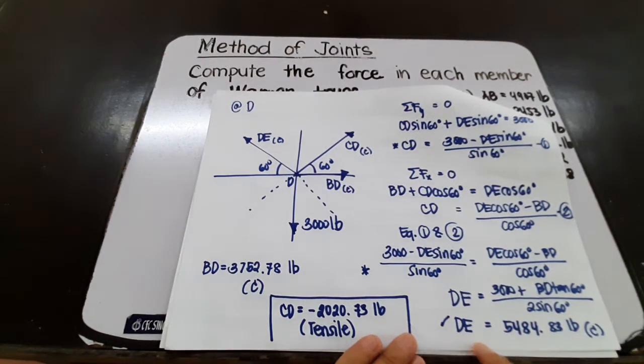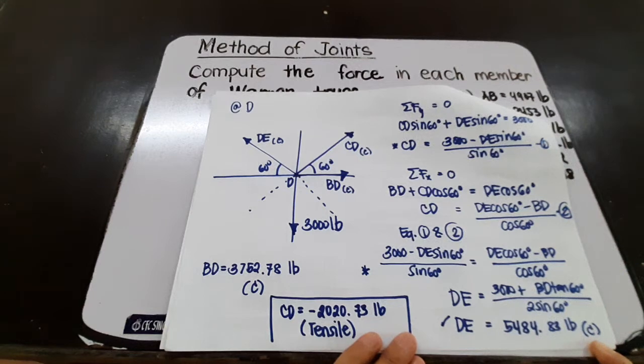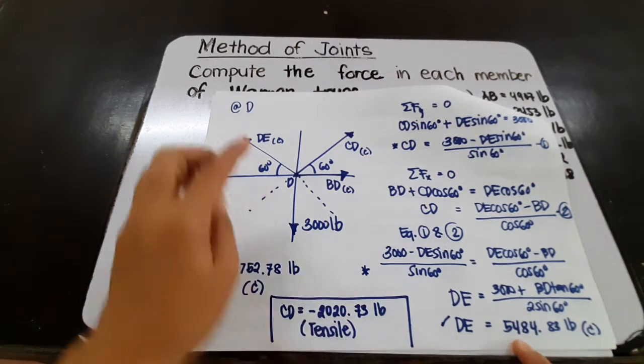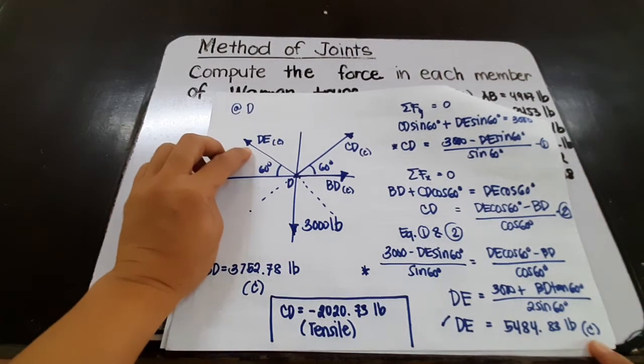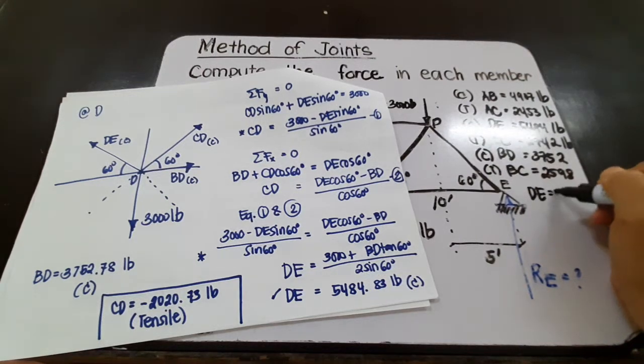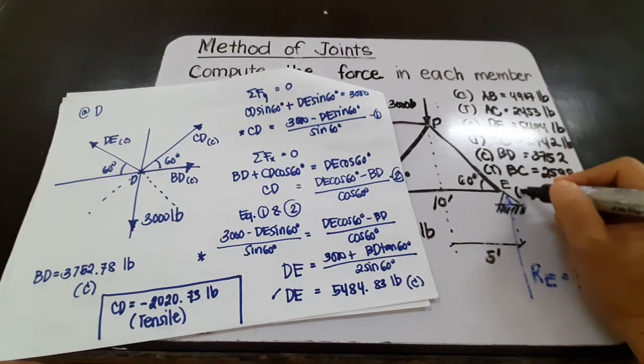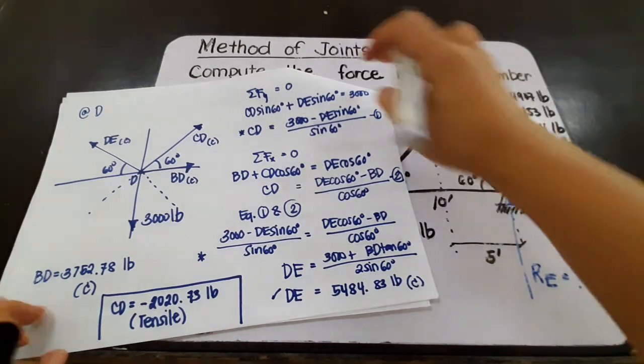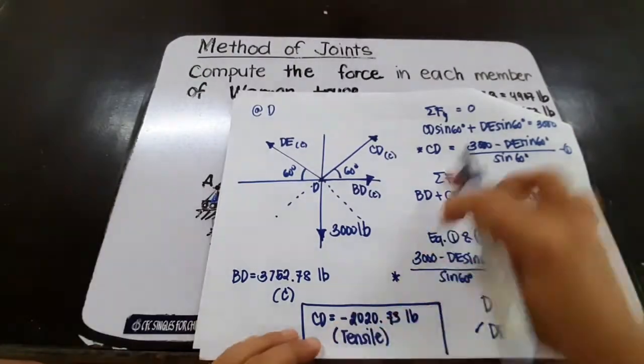Manipulating this one, we can have DE equal to 3,000 plus BD tangent 60 over 2 sine 60. And so we have DE equal to 5484.83 pounds. Since this is positive, that means our assumption is correct. So DE is a compressive force, 5484 pounds. And solving for CD, we just use this equation.